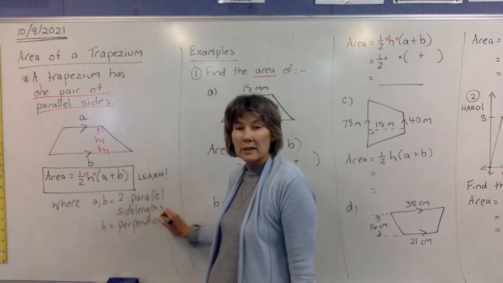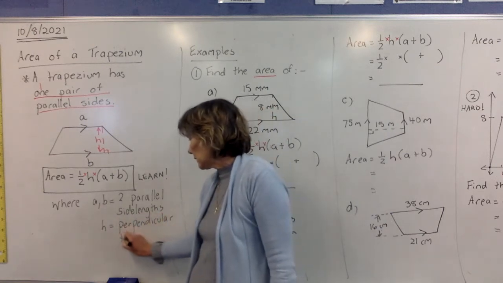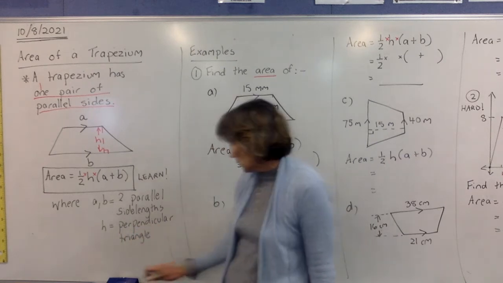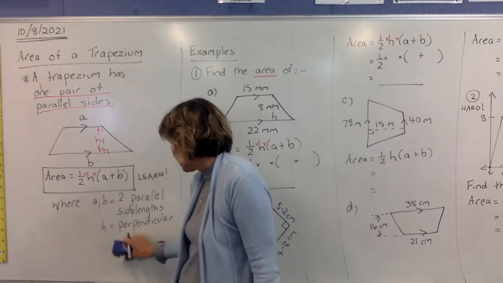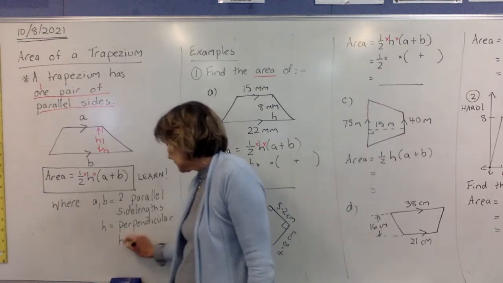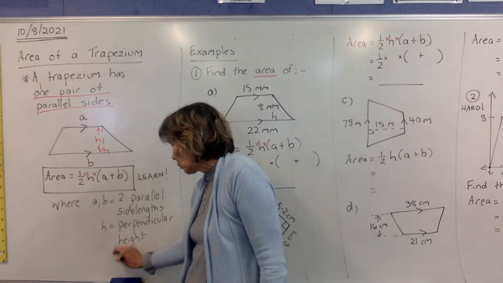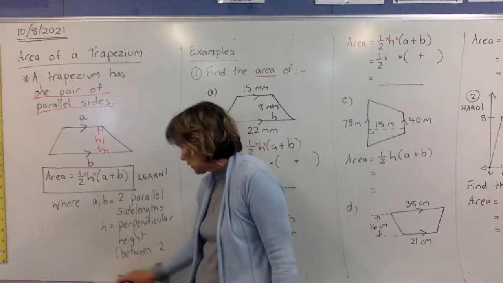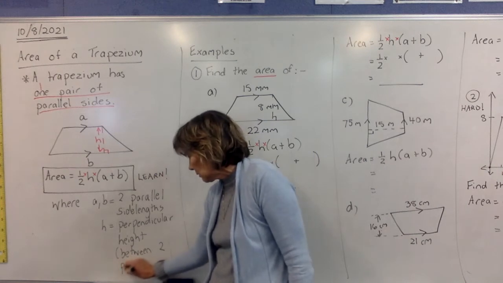We did that when we did the triangle, and we did it when we did the parallelogram. H is always the perpendicular height, not perpendicular triangle, perpendicular height, and that is between the two parallel sides. So I'll go through it with you so you're not too confused.